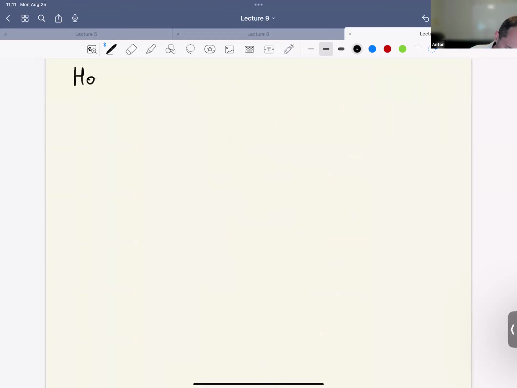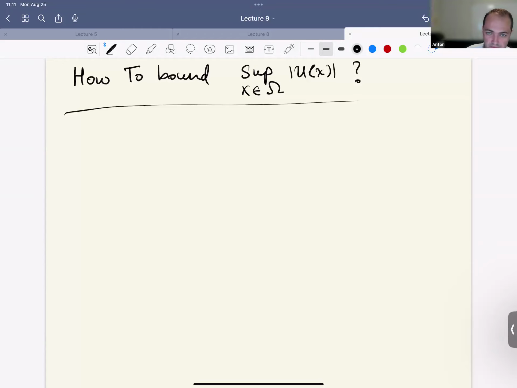So the $1,000,000 question: how to bound the Poisson equation solution u of x. And we've kind of been talking about this. We've kind of given the answer already. Number one, u of x is bounded by, this is the probabilistic interpretation, the norm of an expected value.